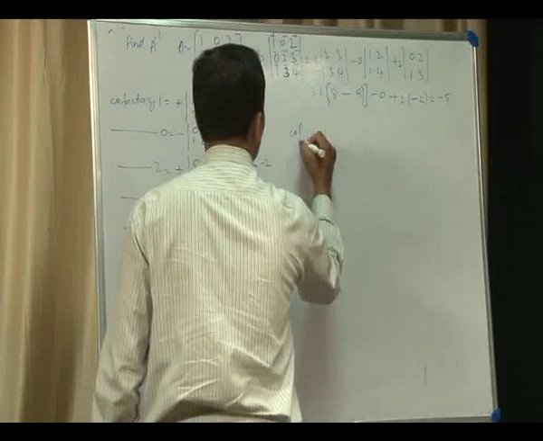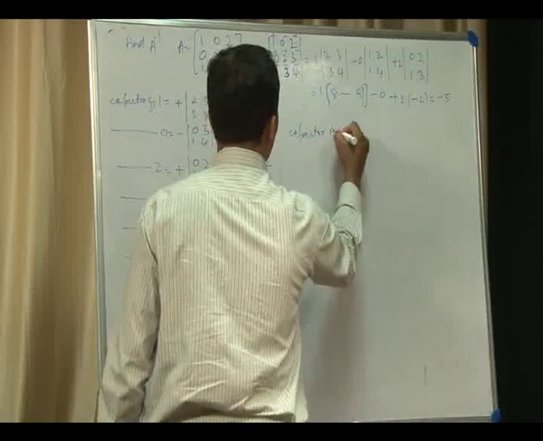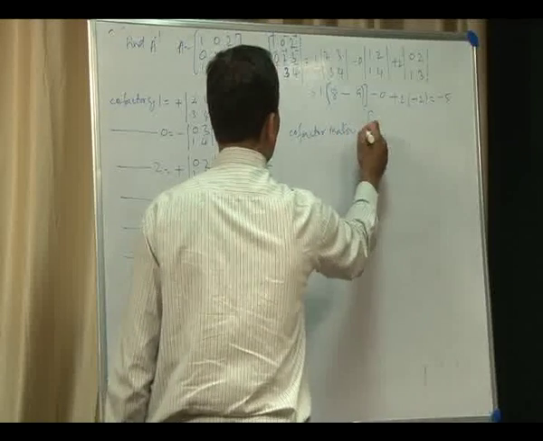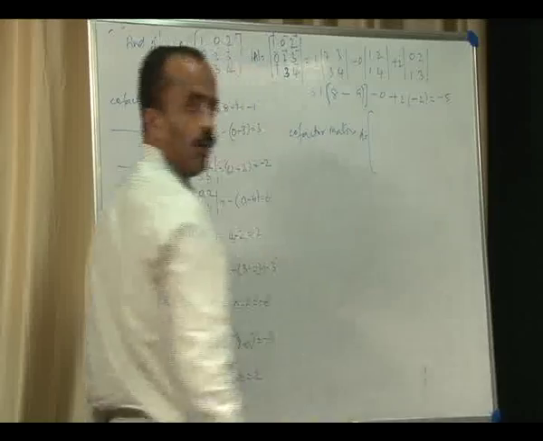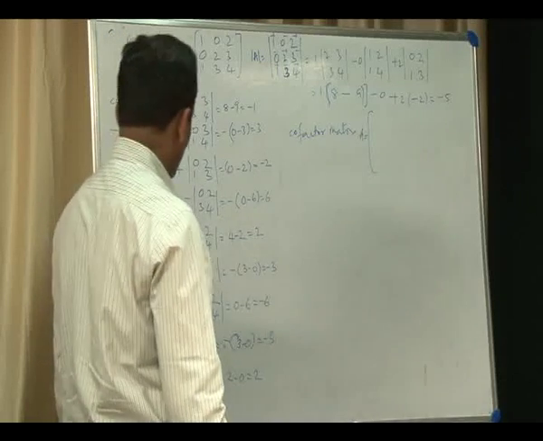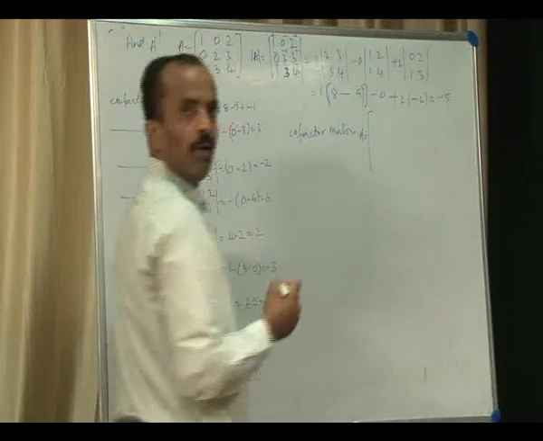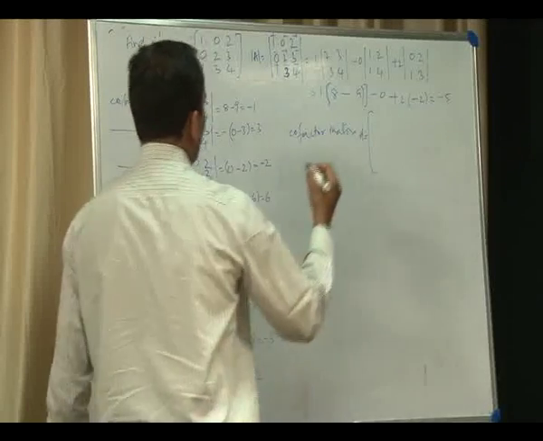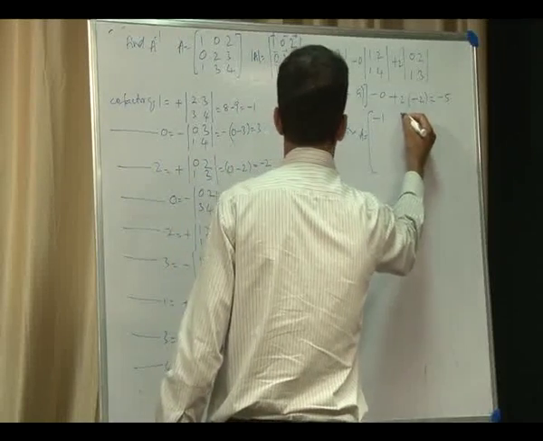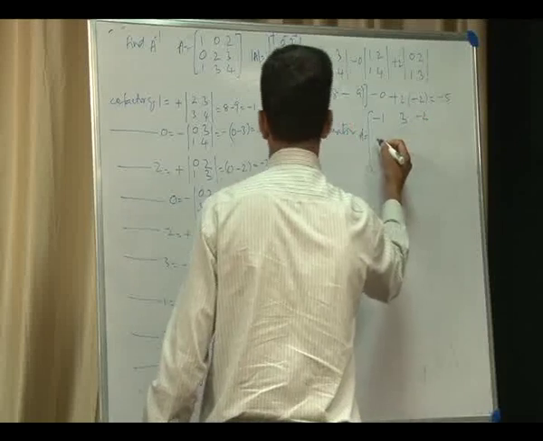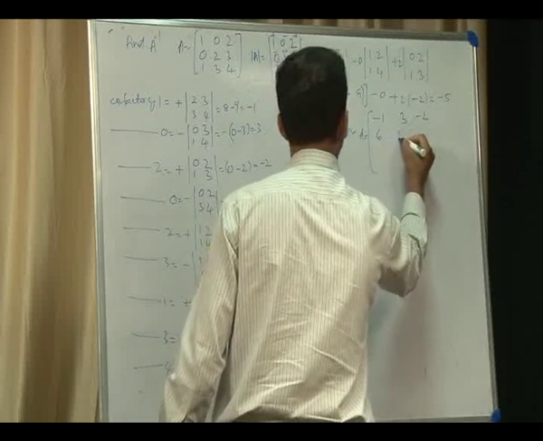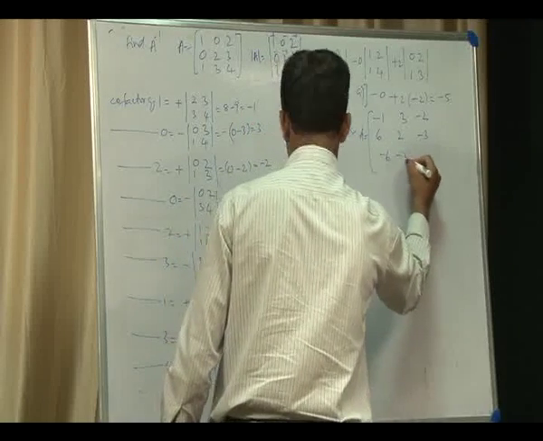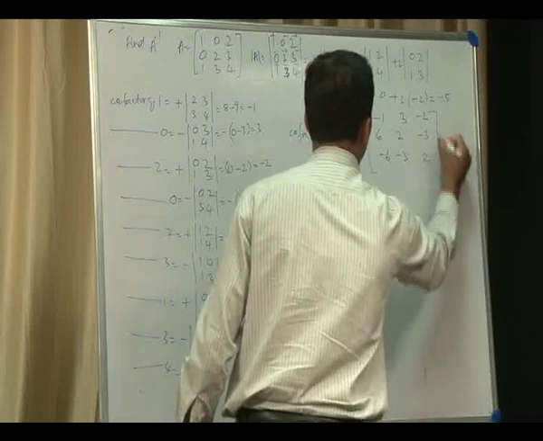Let us write the cofactor matrix. Cofactor matrix A is equal to minus 1, 3, minus 2, 6, 2, minus 3, minus 6, minus 3, 2, 2, 2.